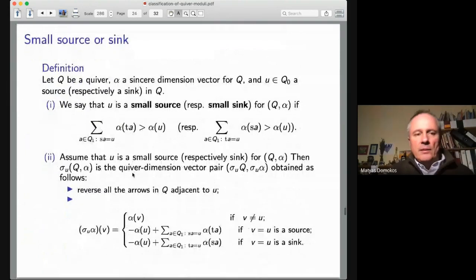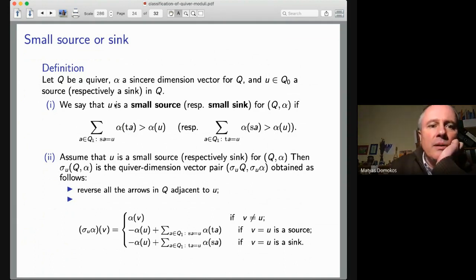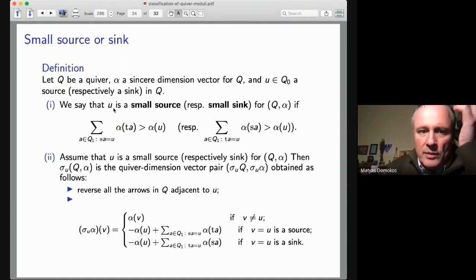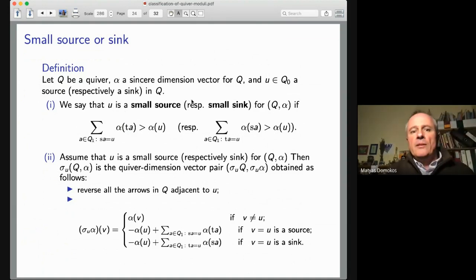And we shall need another operation as well. For this other operation, U has to be a source or a sink. So either there is no arrow whose target is U, or there is no arrow whose source is U. In the first case, U is called a source. In the second, it's called a sink.